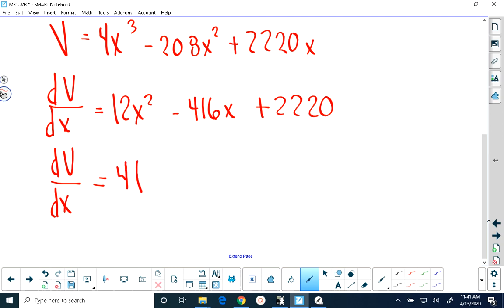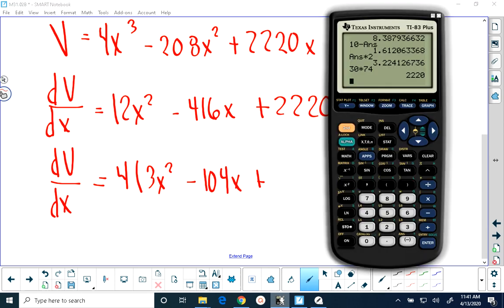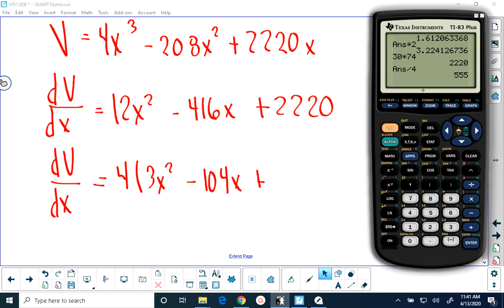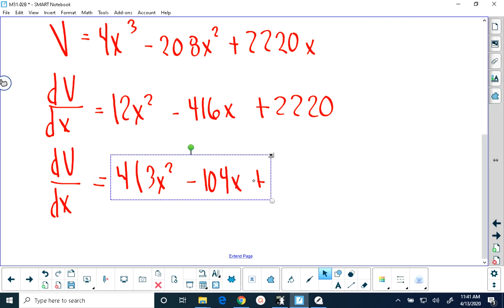So I can take a 4 out and get 3x squared minus 104x plus, I want to say 555, but I better find out. 555, and I'll just check 416. I shouldn't have to do this, but just wanted to double check. So plus 555.